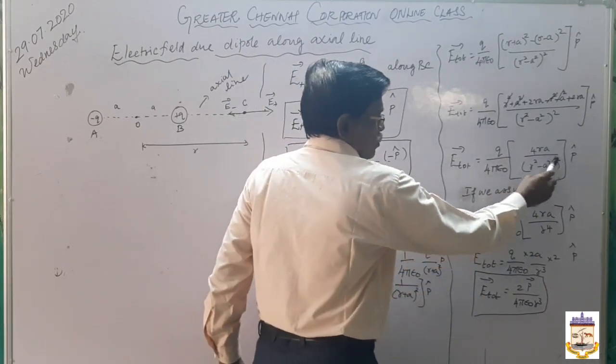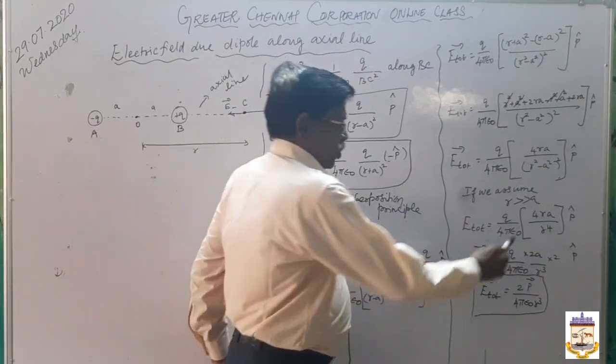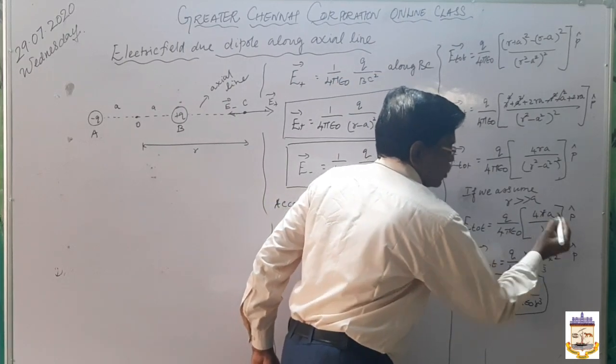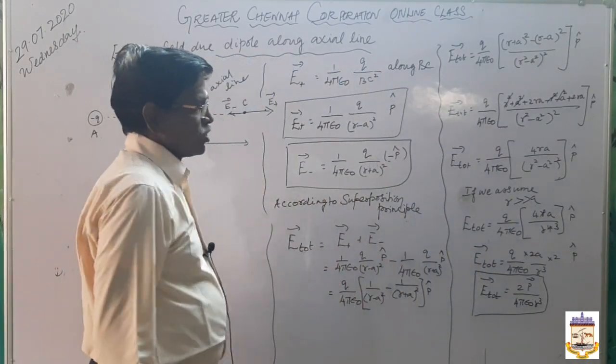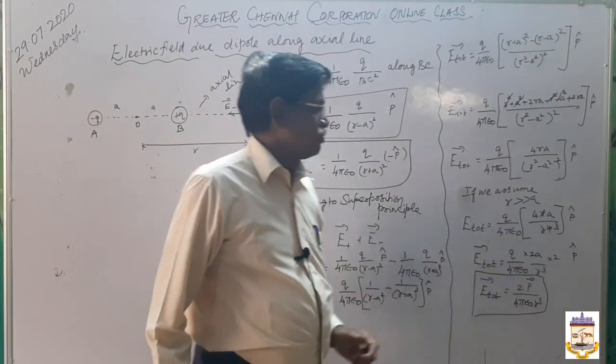So (r square) whole square becomes r power 4. One r cancels, so this becomes r power 3.